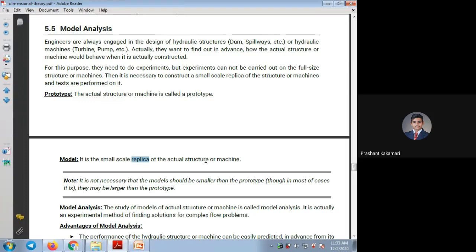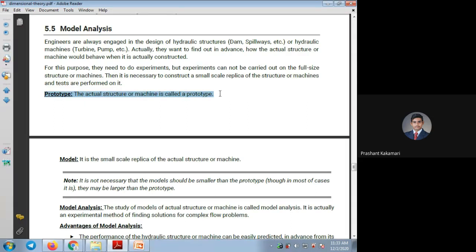Before building any final model, everyone needs to save money and time, because once you build with a lot of investment, if any failure happens with the prototype, there will be a huge loss of time as well as money.